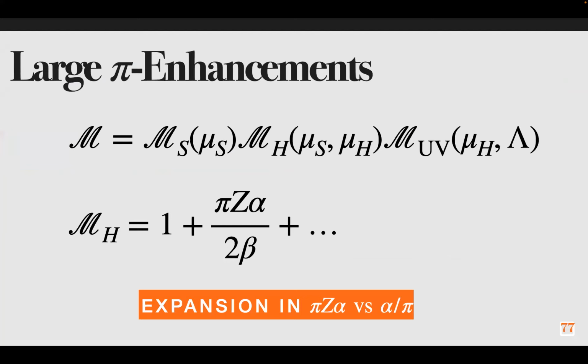2 pi? Oh, sorry. Well, it depends. I didn't write what it was equal to. It's a 2 like this. Yeah, the Sommerfeld enhancement is 2 pi alpha over velocity.